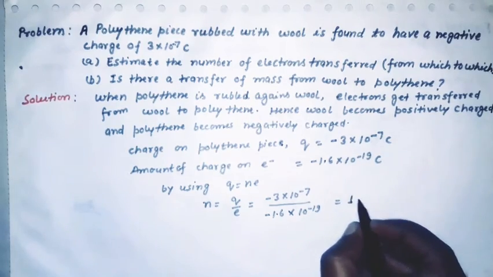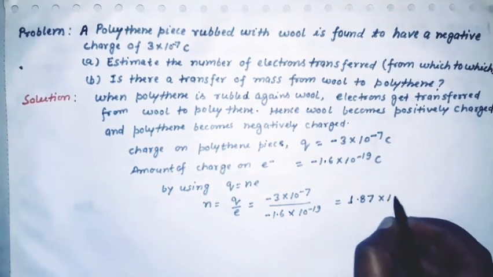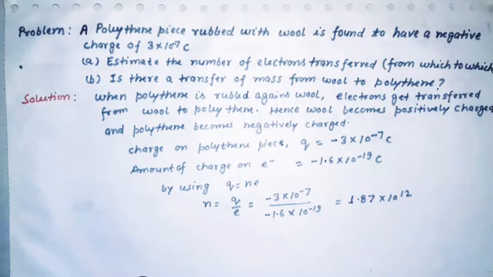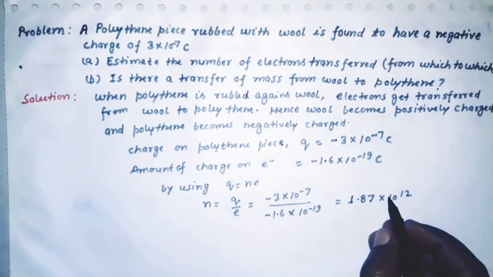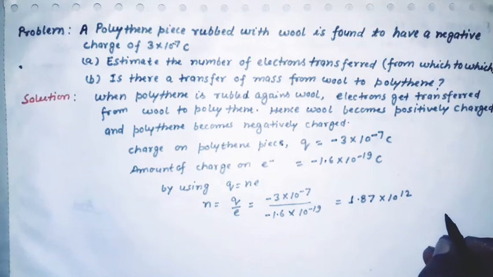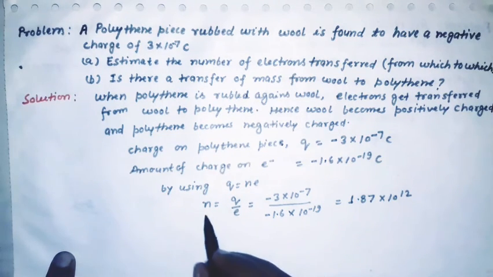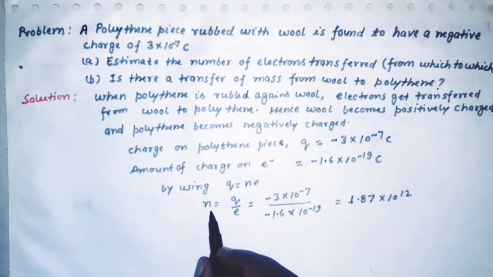Solving this, we will get 1.87 into 10 to the power 12. So the total number of electrons are 1.87 into 10 to the power 12. These number of electrons are transferred from wool to polythene.